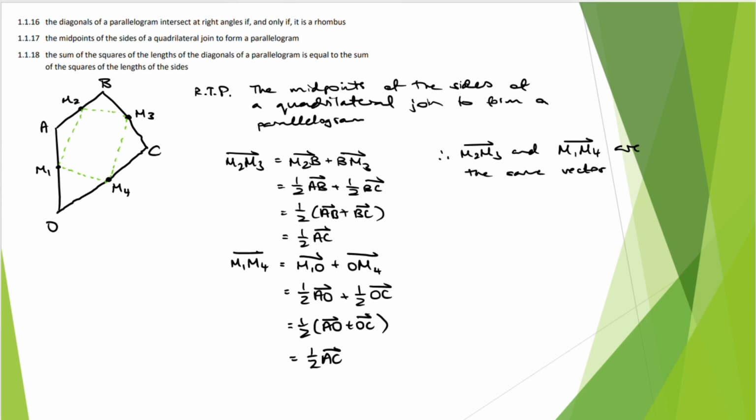And because they're the same vector, that must mean, necessarily, that M1, M2 and M4, M3 are also the same vector.